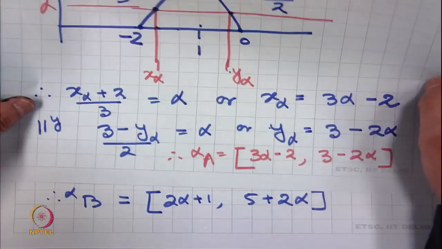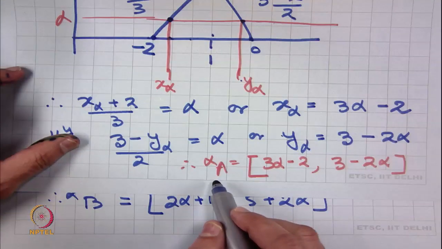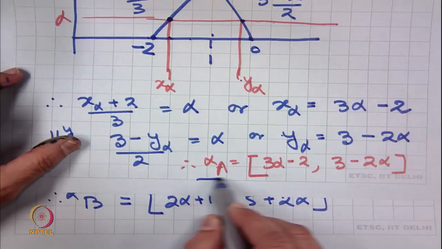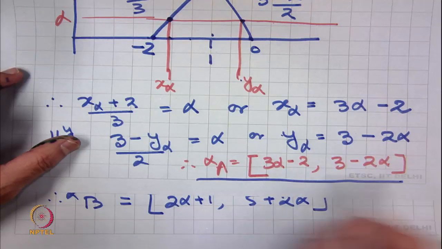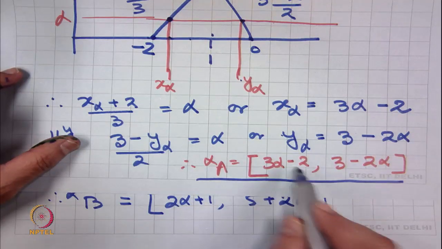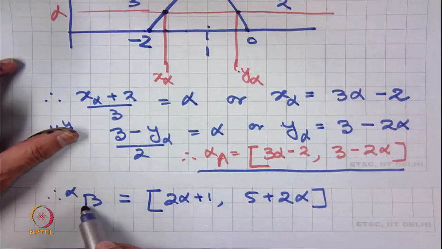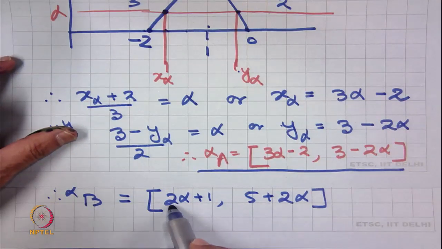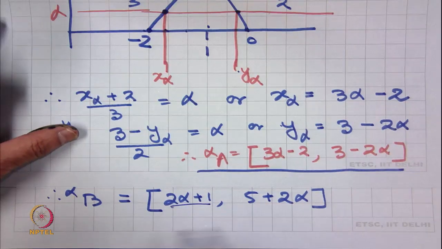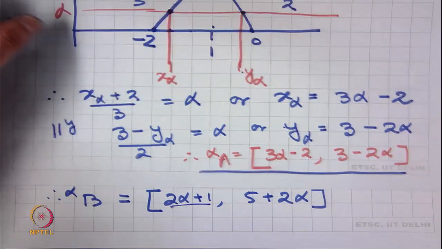Therefore, on one hand we have the alpha cut of A equal to the interval [3 alpha minus 2, 3 minus 2 alpha]. On the other hand, for the alpha cut of B, we have [2 alpha plus 1, 5 minus 2 alpha].